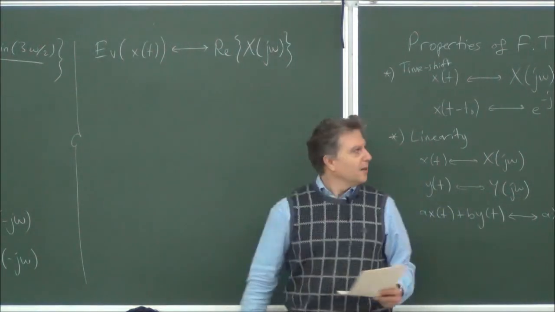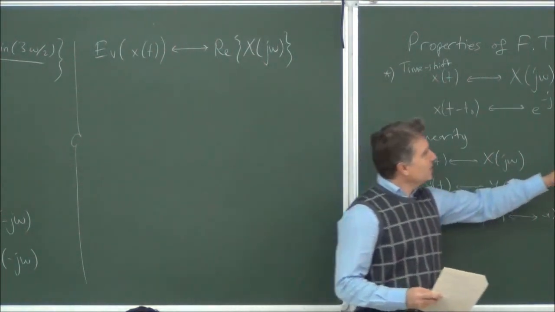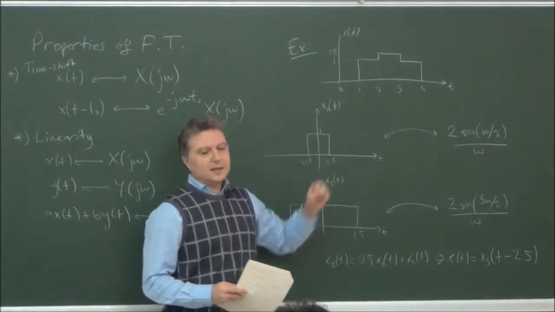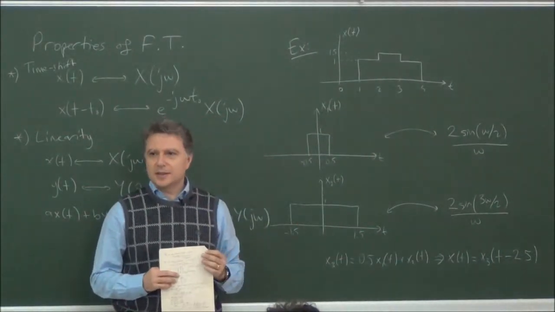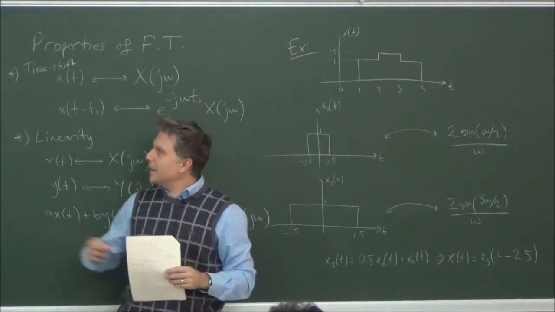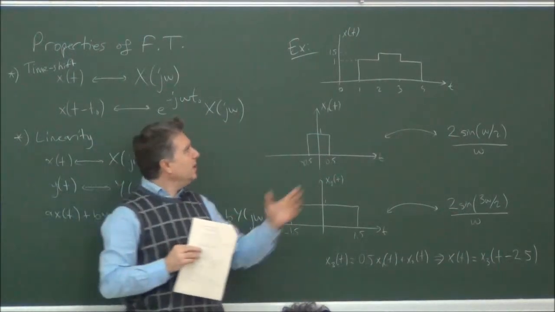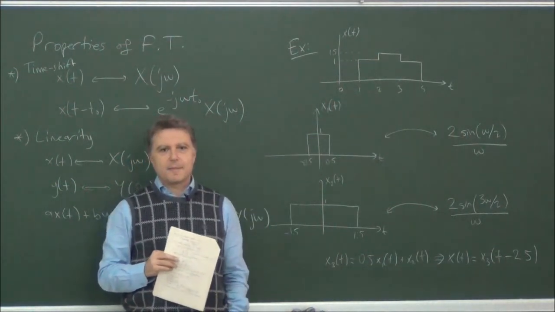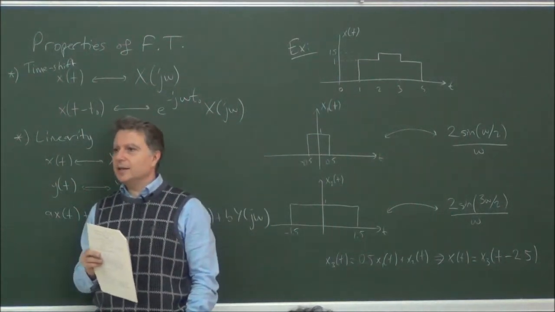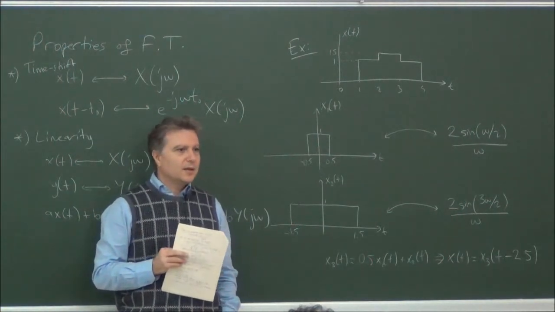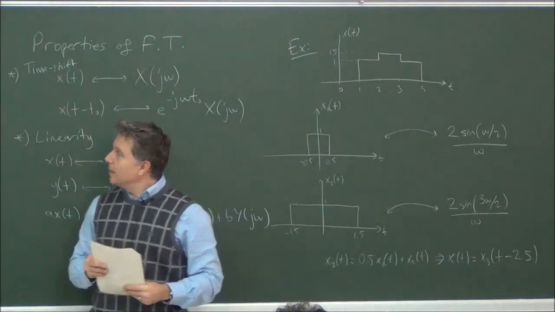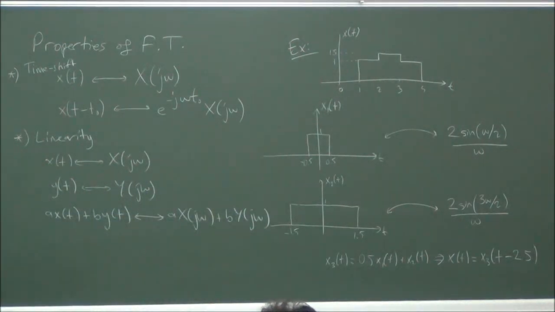So let's consider this problem again. Can you find the even part of this signal? I'm writing EV of x of t. Can you find it? The method to find the even part of a function is quite simple.